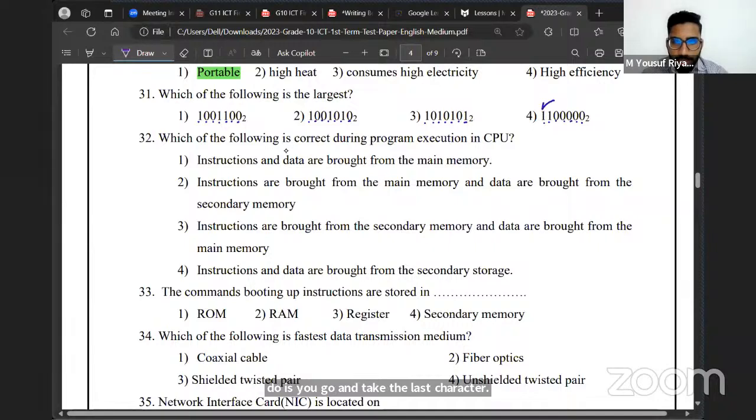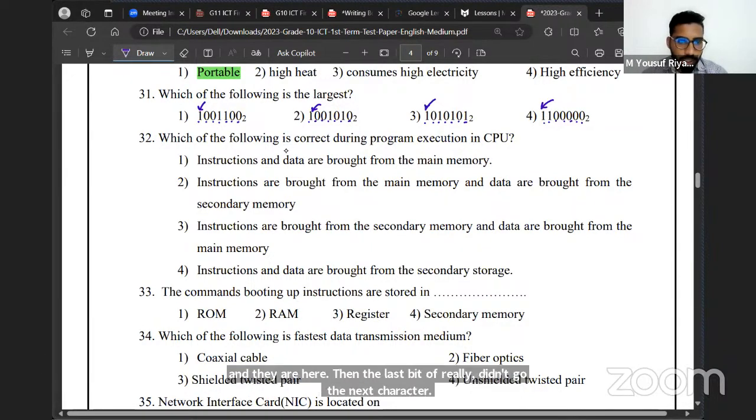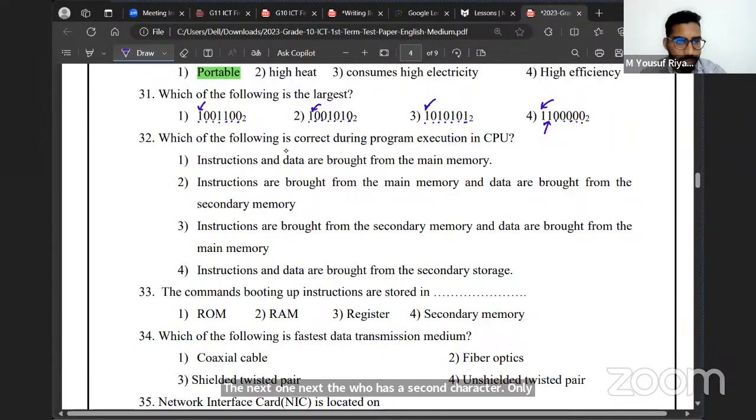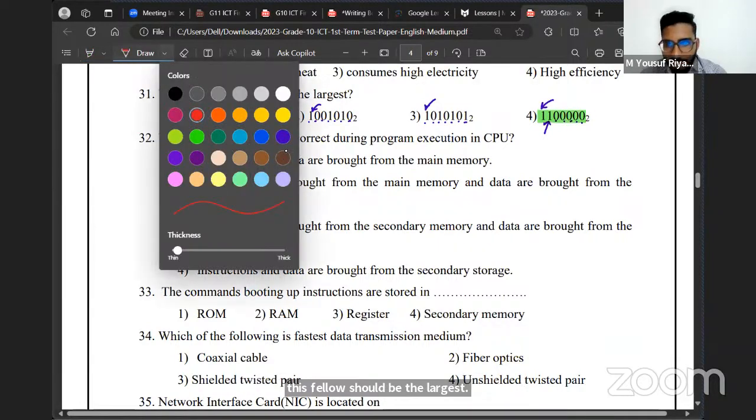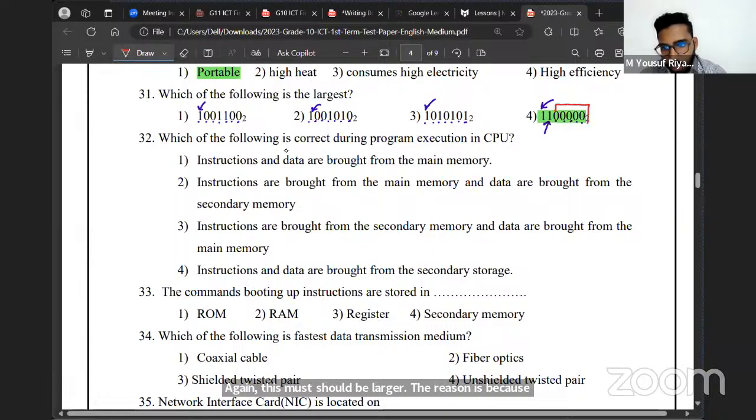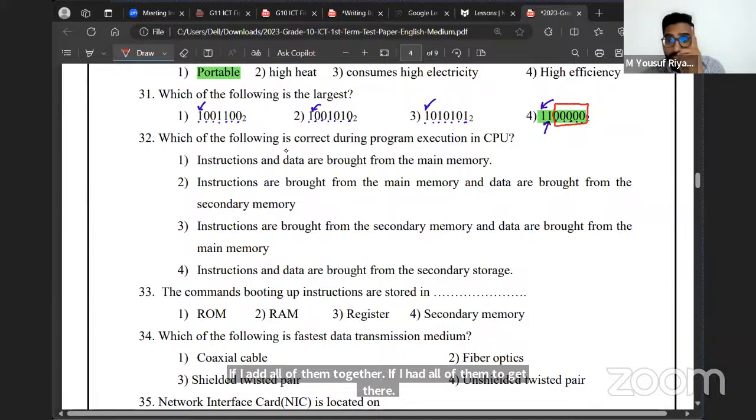If the last bit is the same in all of them, then it is obviously equal, so you go for the next character. Only this one has a second character, so technically this one should be the largest. The reason is that if I add all of the others together, they will be one less than the value of this one.